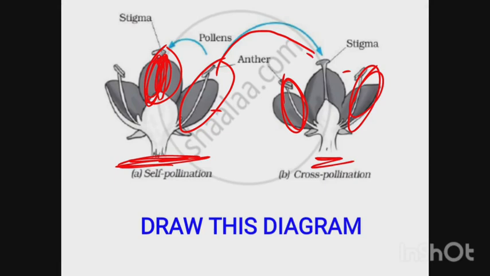For this, both of the flowers have to be the same species, or they must be closely related. For flowers that do not have both stigma and anther, we call them what? Unisexual flowers. So cross pollination always occurs in unisexual flowers. I believe that is understood.